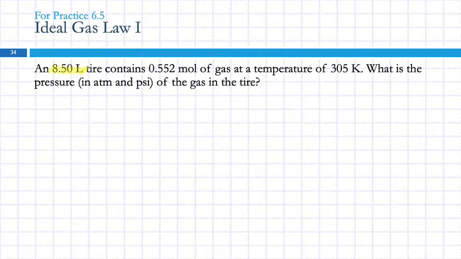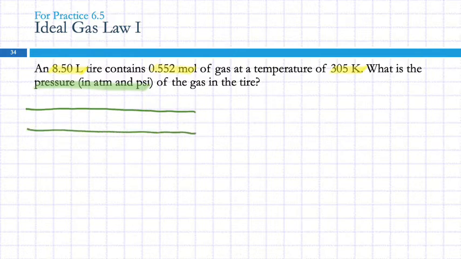So let's try that. I'm going to pretend I don't recognize this is an ideal gas law problem, and I've got this number, and this number, and this number, and I'm trying to find pressure. So I'm just going to make a table and collect this information and go from there. So the first thing is 8.50 liters.